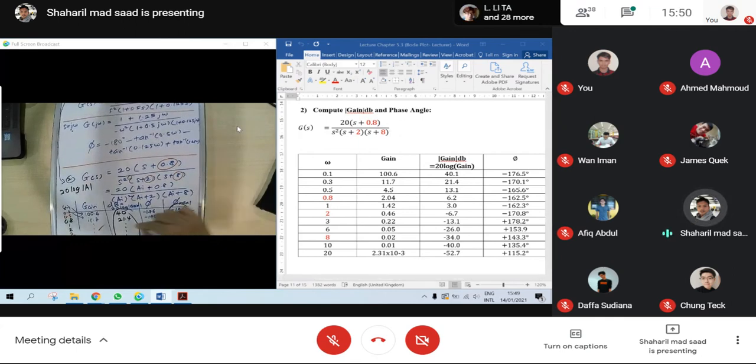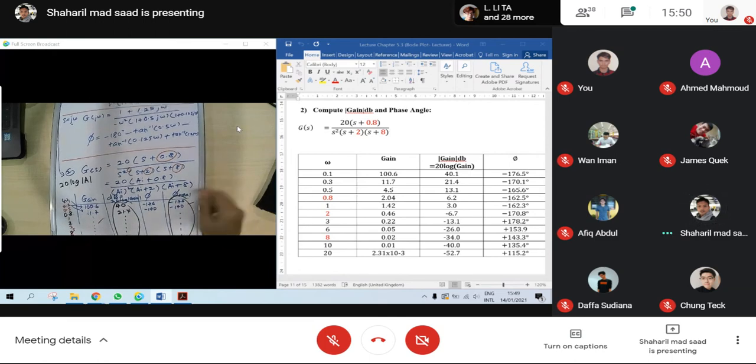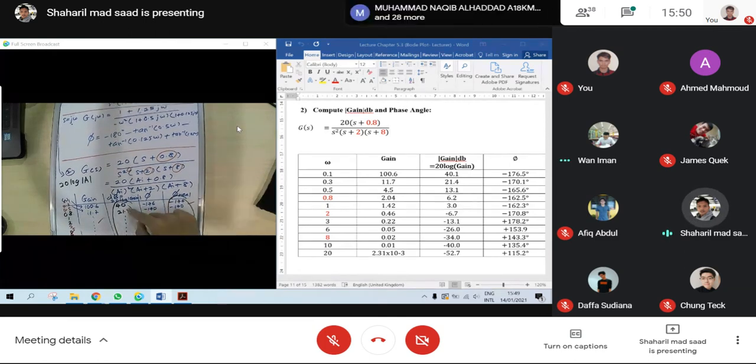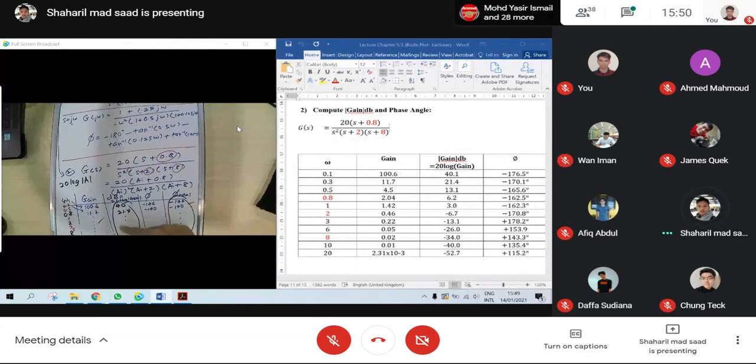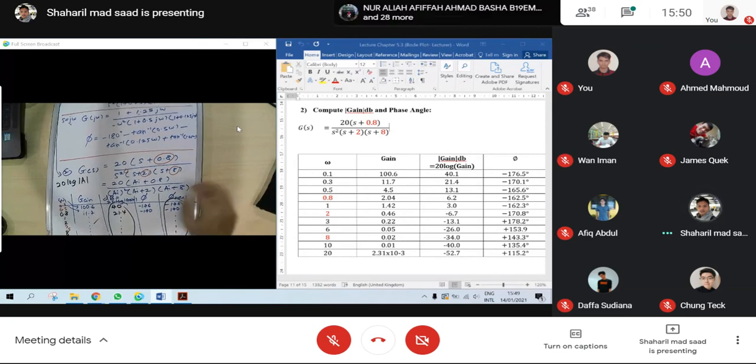However, with this method, if you don't get the value correctly, that means you will lose the marks at this section. Okay. If you can get all these values correctly, then you will get the marks on these values.